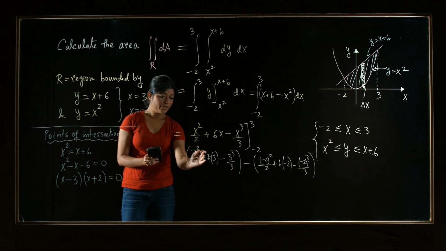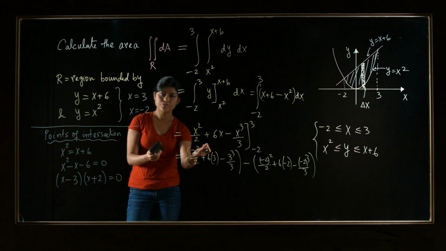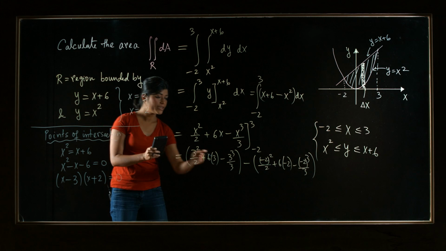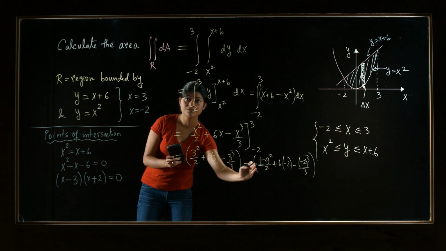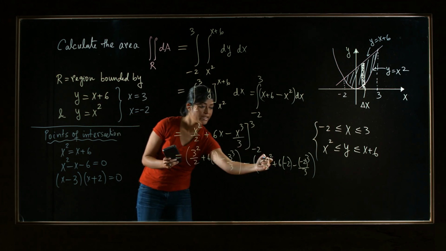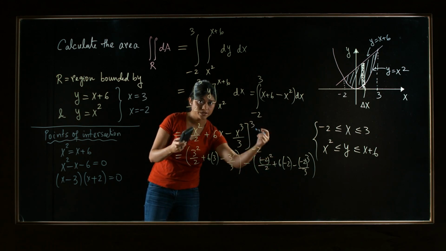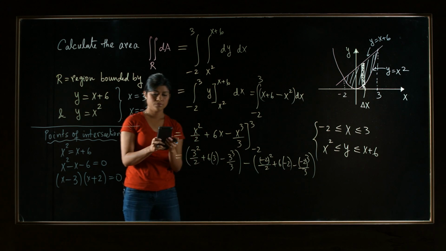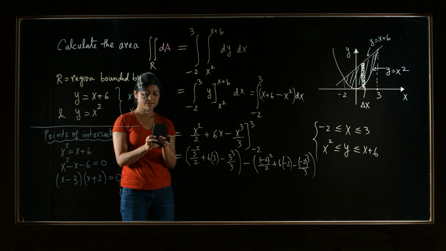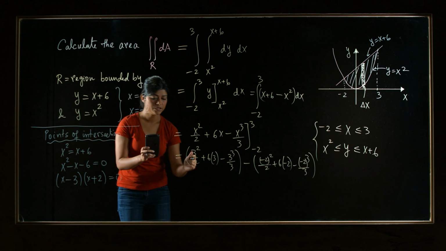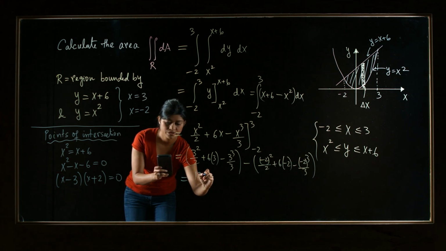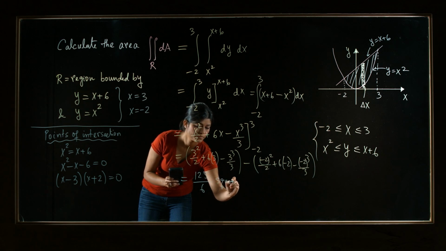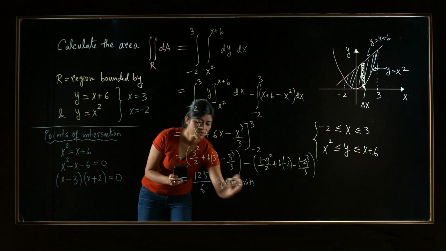Now notice when you input the values, you can simplify. 3 squared is 9, 3 cubed is 27, and so on. So let's do that, and be careful with this negative sign here. This negative sign distributes, and also notice there's a negative 2. So be careful, right? Negative 2 squared is positive, but here negative 2 cubed will be a negative. So be careful with all the signs, and the value is 125 over 6 square units, because this is area.